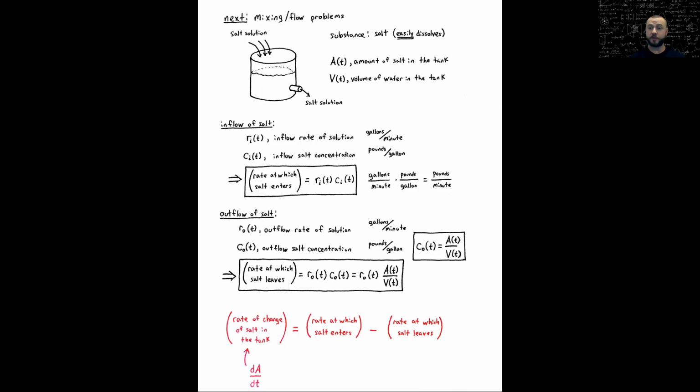All right, and we just need to plug those into our basic net rate of change formula. The left side is the derivative. Recall from Calc 1, derivatives are rates of change. And we're just going to replace on the right-hand side the two expressions above that we have boxed.